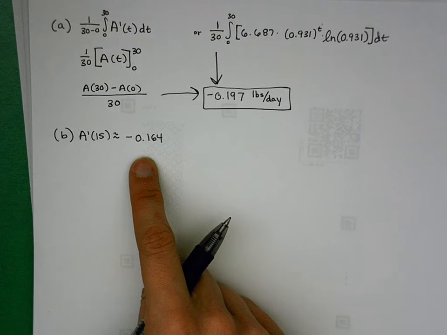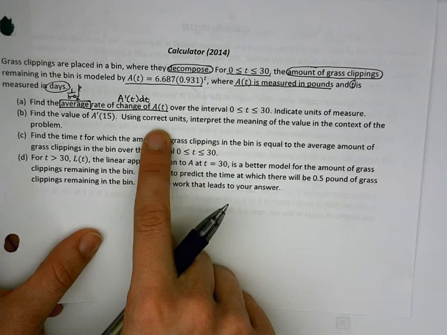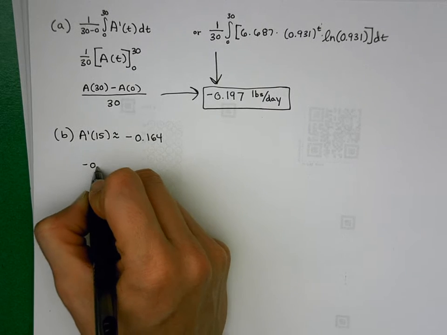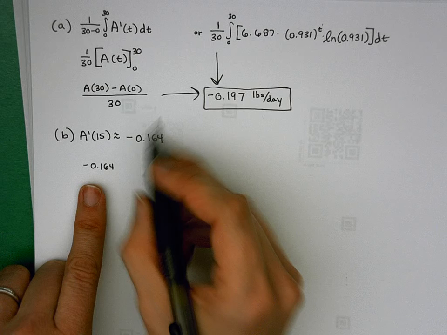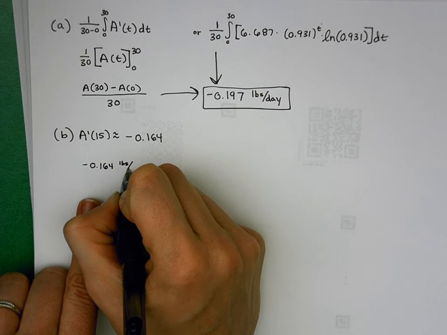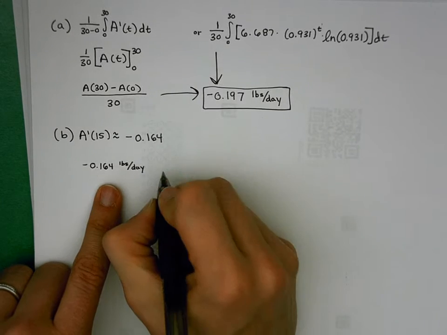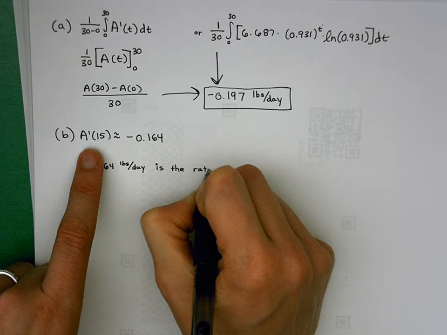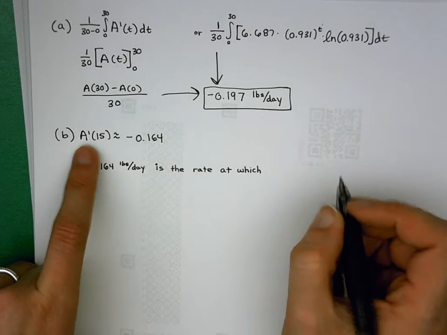And then we are asked to interpret the meaning of this value in the context of the problem. We do want to use correct units here. Okay, so our negative 0.164, its units, since this is a prime, would be pounds per day. Okay, what is this? This is the rate, because this is a derivative, at which my A of t is changing.